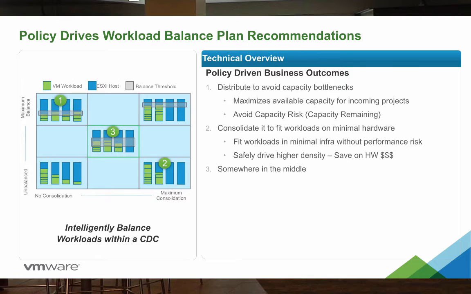And you can safely drive higher density, and when you drive higher density, that means you're going to save money on hardware. But when we drive higher density, we also know that we can potentially expose ourselves to risk. So you're able to drive density, drive performance right into that sweet spot where you're looking at optimal utilization without going into overutilization and overconsumption.